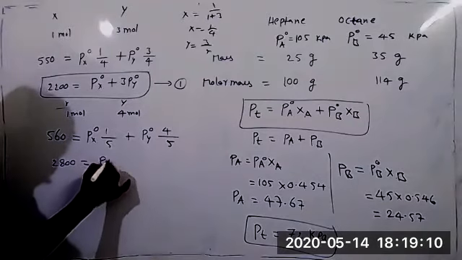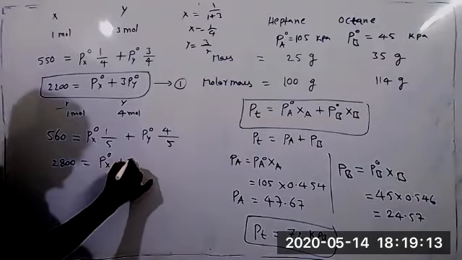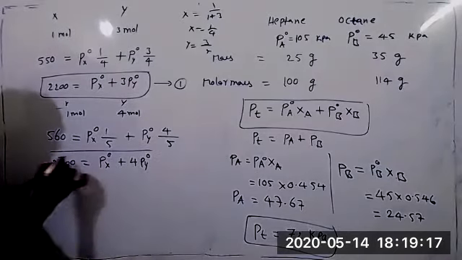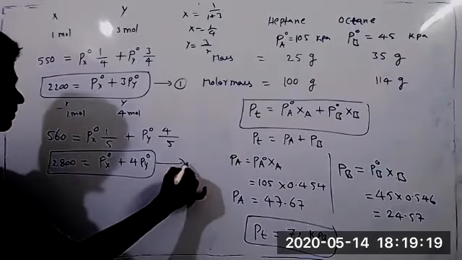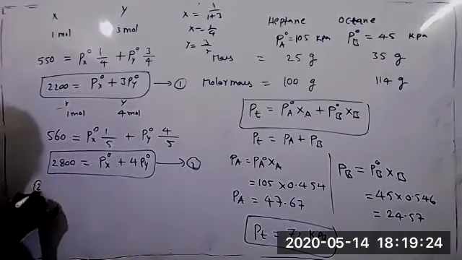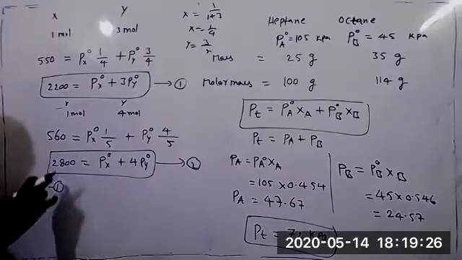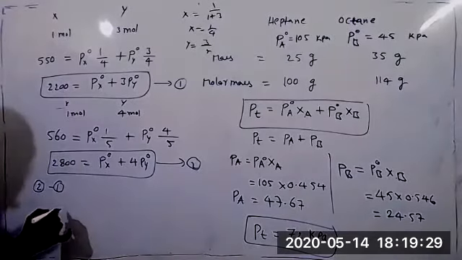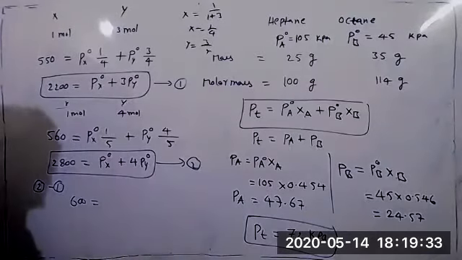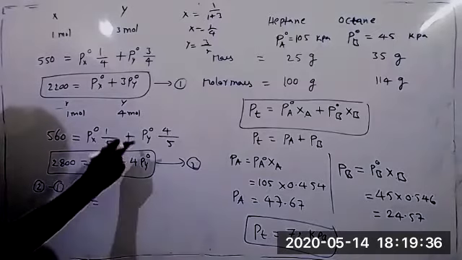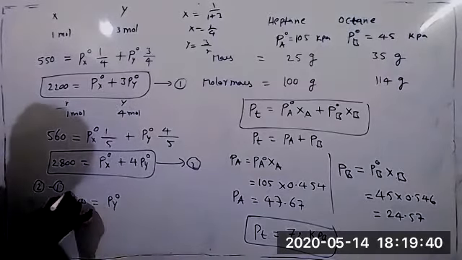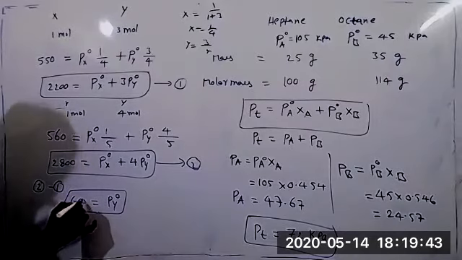Then Px power 0 plus 4 into Py power 0. This is equation 2. Now do 2 minus 1. 2800 minus 2200. So left is 600, equal to Px power 0 minus Px power 0 cancel. This minus this, so only Py power 0 is left. Py power 0 is equal to 600.